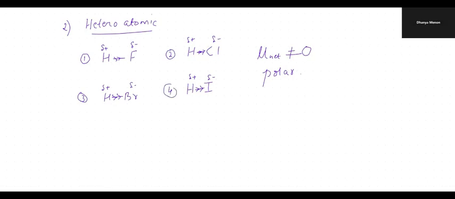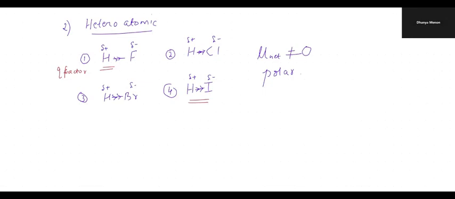Now here, in HF, fluorine has a higher electronegativity, right? So in this case, we consider the charge factor. We can consider the charge factor for fluorine, right? But in case of HI, the size of iodine is bigger, right?